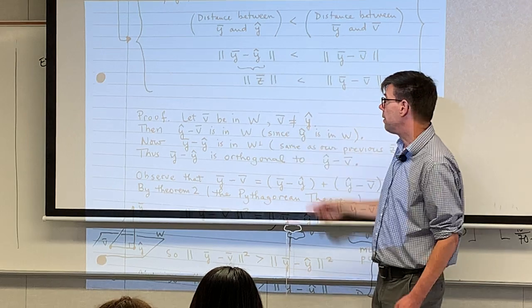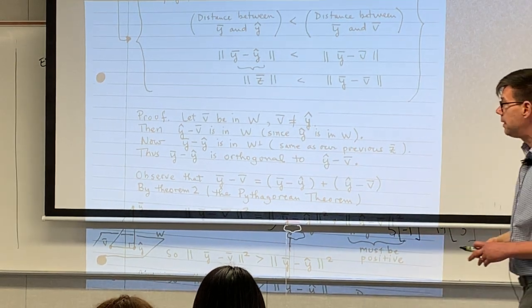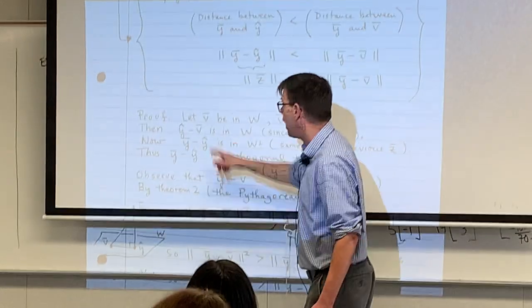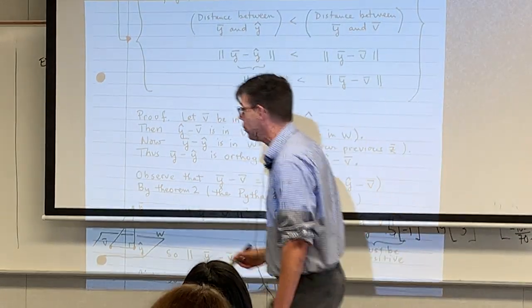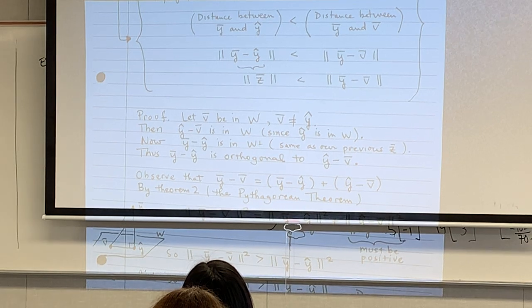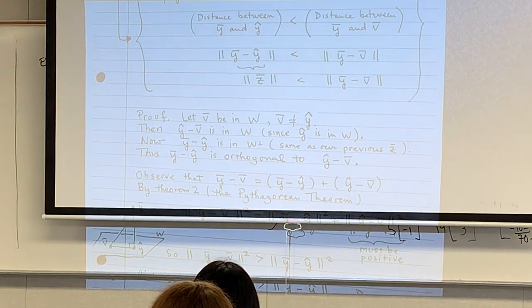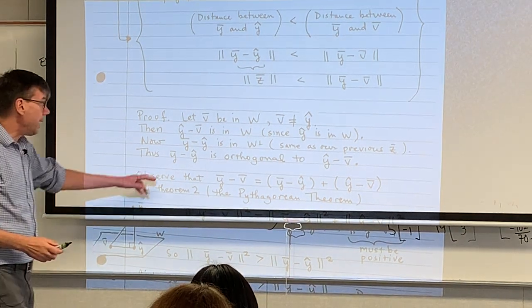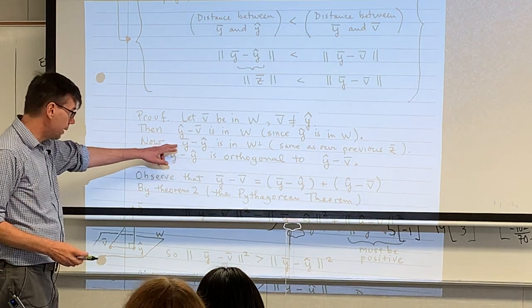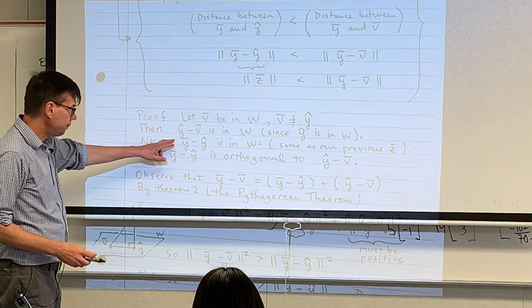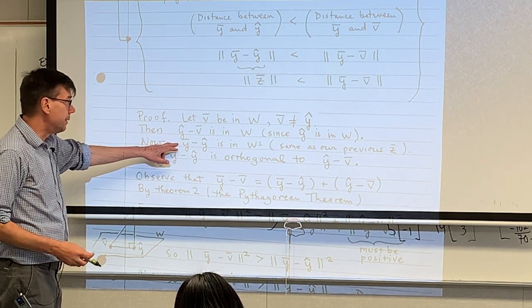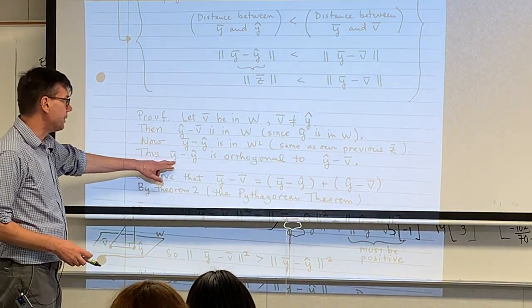So, proof. Let V be in W, V different from y hat. Then y hat minus V is in W. Its length can be visualized as that distance from y hat to V. y hat minus V is in W. y minus y hat is in W perp, that's the same as our previous z.